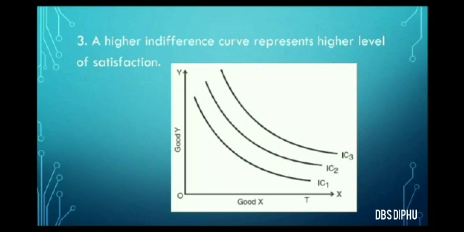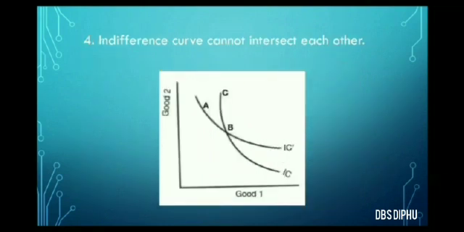Point number 4 is that indifference curves cannot intersect each other. Another important property is that indifference curves can neither touch nor intersect each other. This is so because different indifference curves represent different levels of satisfaction. Now, if any two indifference curves intersect at any point, then at that point the satisfaction from the two indifference curves will be the same, which is not possible due to the specific nature of indifference curves.